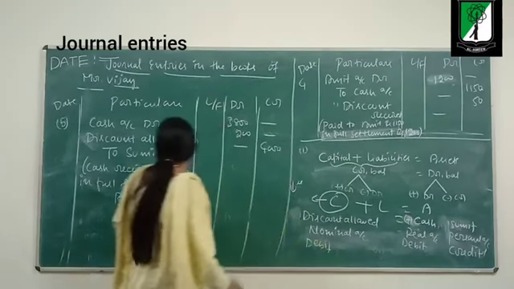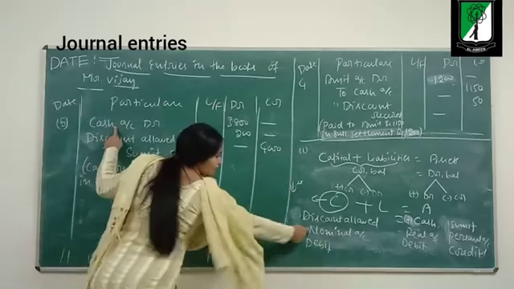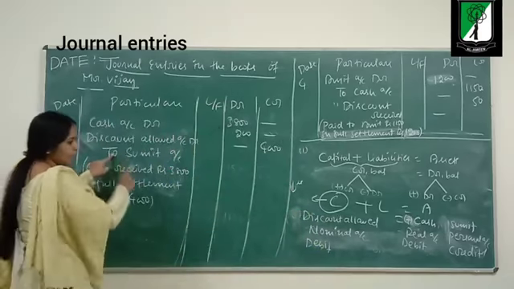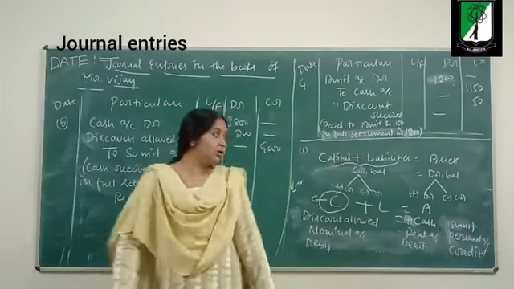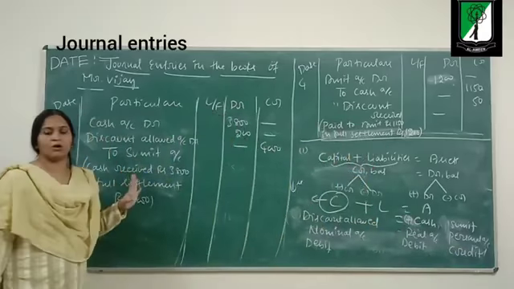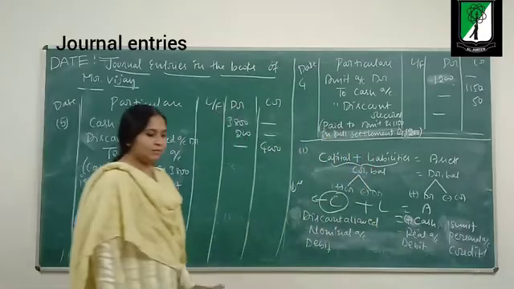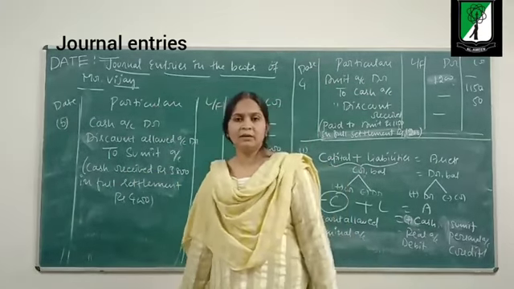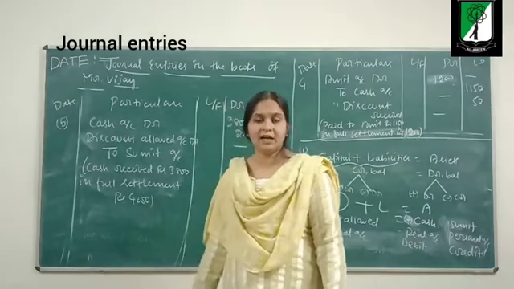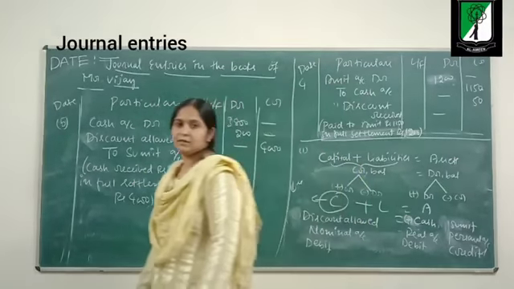So, cash account debit, discount allowed account debit, to Sumit account, which is credited. You can follow any of the methods, traditional or modern, and you will arrive at the same answer. Okay, thank you.